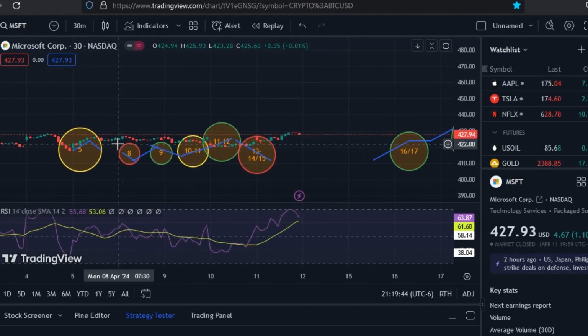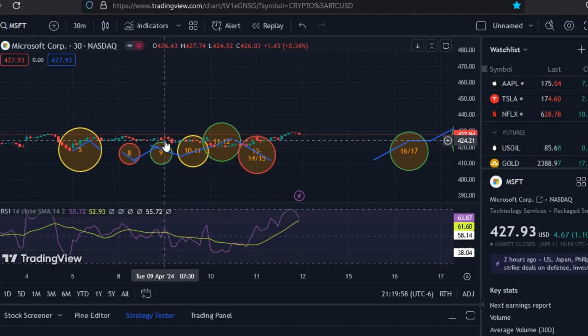Okay, right here, it ended on 424, like it was a range. Technically this is correct, but I was expecting a bigger dip. This behaved more like a yellow circle because the price literally stayed in range the entire day. The price opened and ended on the same number. That's basically what happened on Monday, the 8th of April, the day of the eclipse.